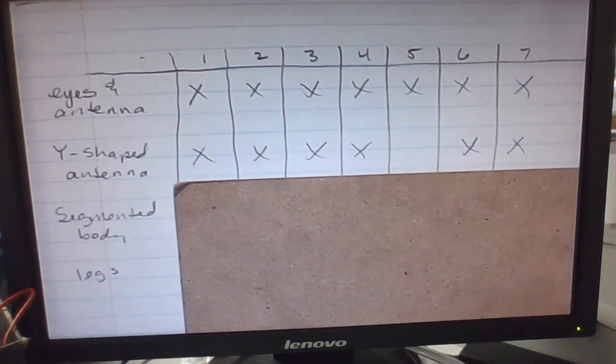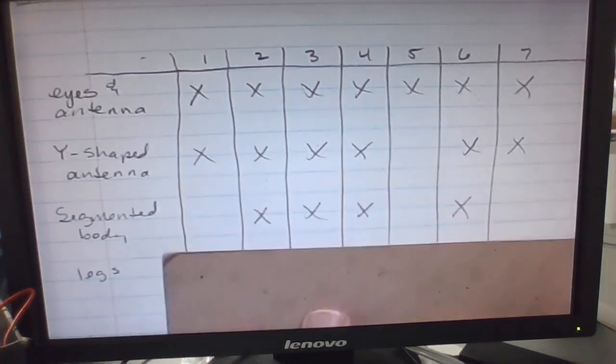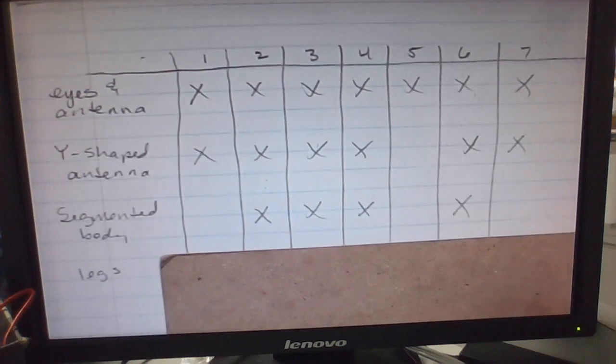Do they all have body segments? Nope. Which one or ones do not have segmented bodies? 1, 5, 7 do not, but all the rest of them do. Do they all have legs? Which one or ones do not have legs?